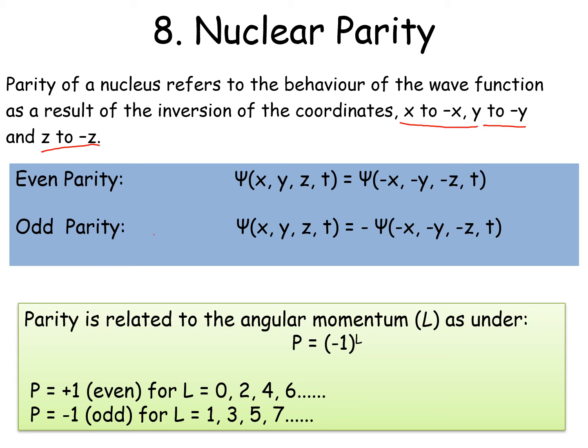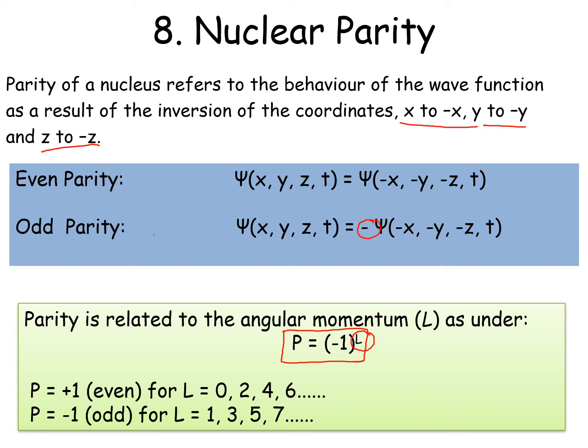And if the change of the coordinates changes the sign of the wave function, then we say that the parity is odd. Parity has an important relationship with the angular momentum, and it is given by parity equal to minus 1 to the power L, where L is the angular momentum.